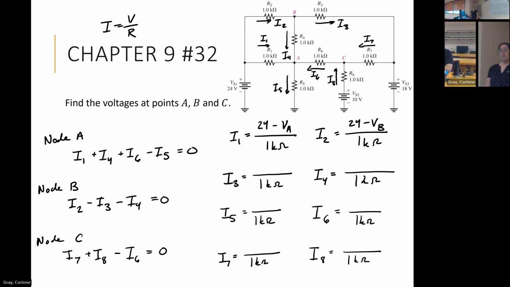In general, when we look at our change in voltage for the node method, we will do the starting location minus the ending location. So we would have VB minus 18. Questions?